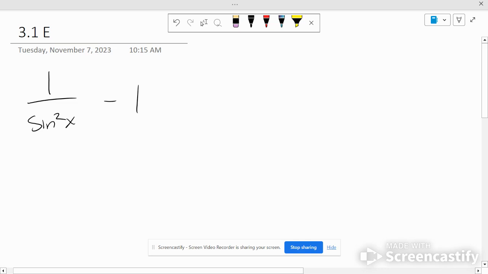All right. So 1 over sine squared of x minus 1. If you were told to simplify this, where would you start? You have a fraction and something that's not a fraction.